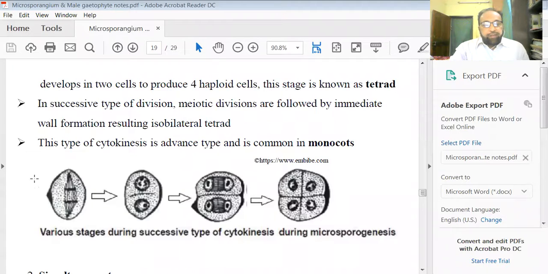I will show you in a simple way. This pollen grain that goes outside has such a diploid structure.